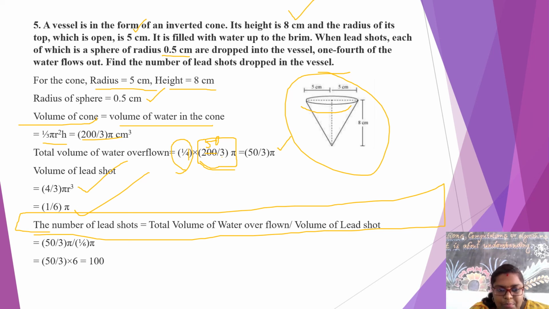So 50 by 3 pi divided by the volume of the lead shot, which is 1 by 6 pi. Pi and pi will get cancelled. 50 by 3 into 6 by 1. So now we can divide, we are getting 100. Clear? That's an easy question only.